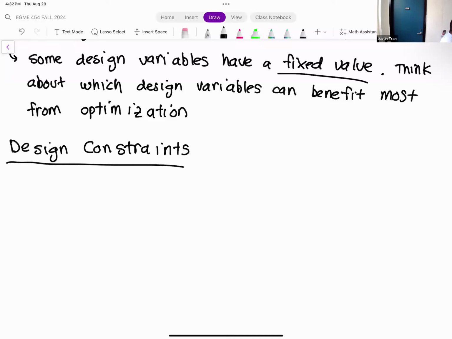So when you're doing engineering design, and you're determining the values of your design parameters, your design variables, there are certain limitations in terms of what I call permissible values for the design.